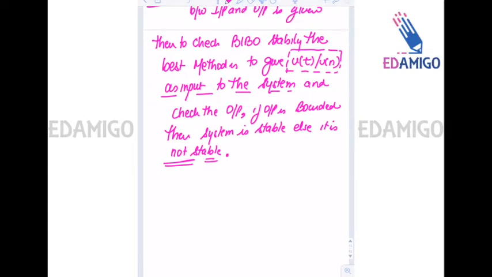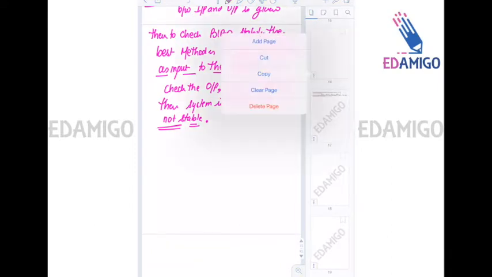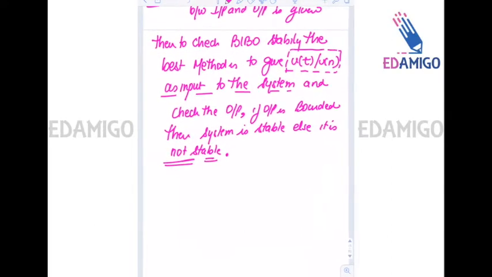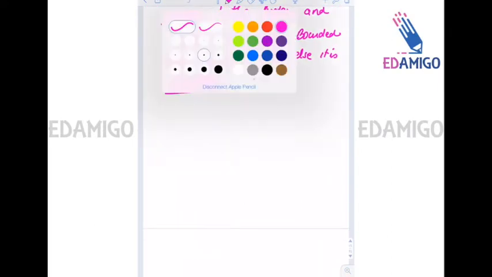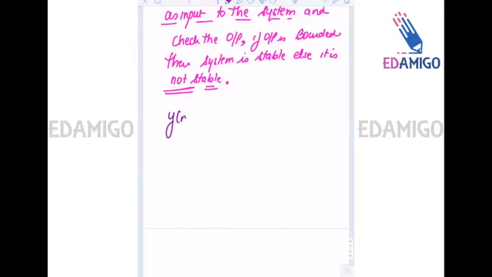Now let us see the system. It is given that y[n] is equal to n times mod x[n] for n 0 to 10, and x[n] minus x[n-1] otherwise.